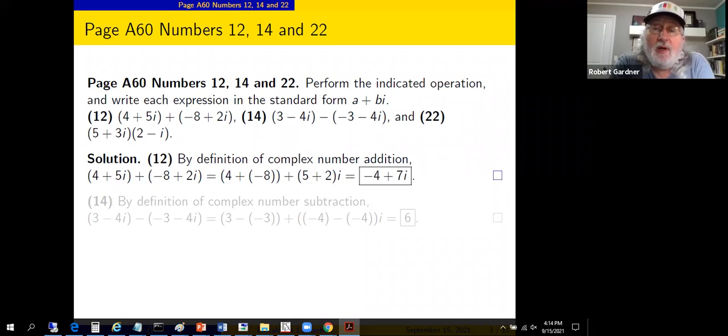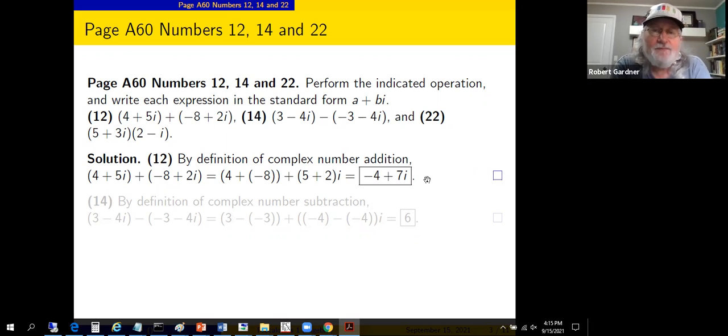Definition of complex number addition says if you want to add 4 plus 5i to -8 plus 2i, add the real parts together, 4 plus -8, being tedious with the parentheses and the negative signs and so forth. 5 and 2, add the imaginary parts together. That produces 4 minus 8 is -4, 5 plus 2 is 7, and it's multiplied by i.